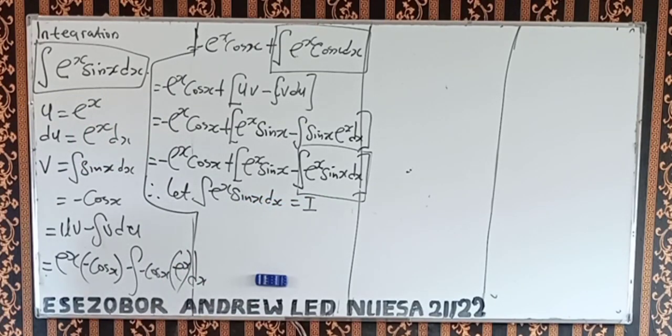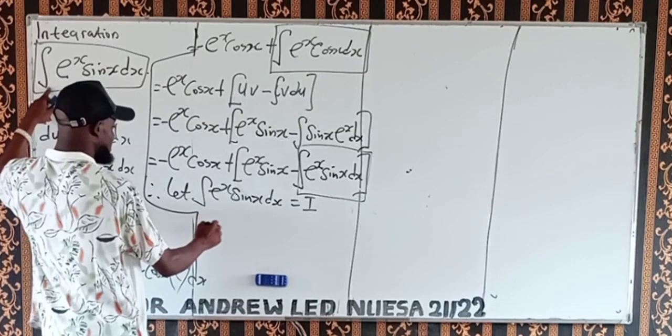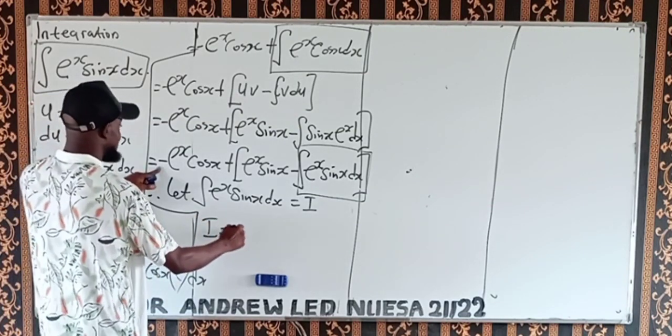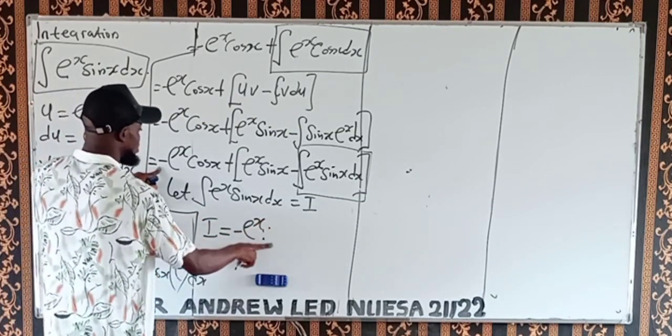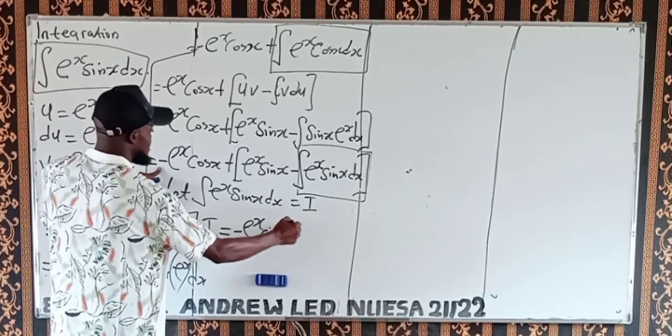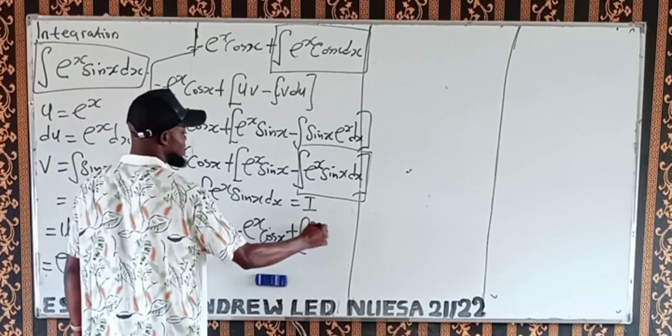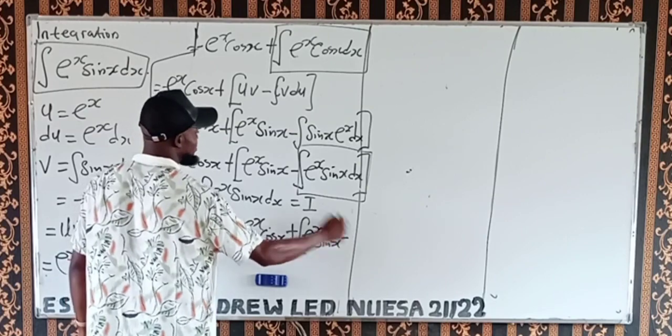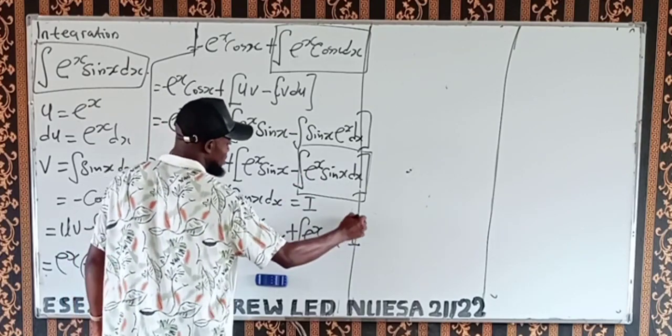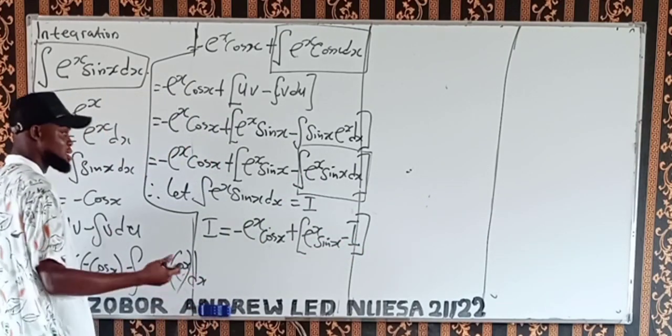So let the question be equal to I, so that the question itself, which is I, will now be minus exponential x cos x plus exponential x sin x minus, this one is still the question. So let that be I, but that's still the question.